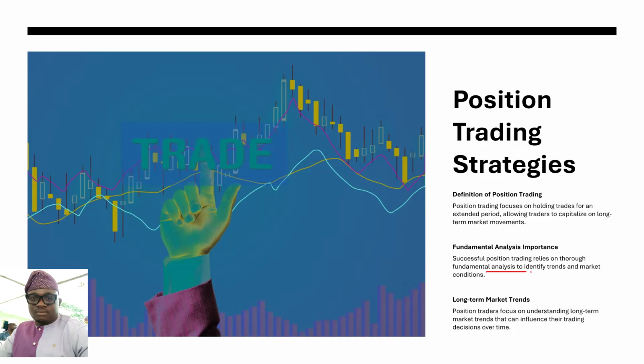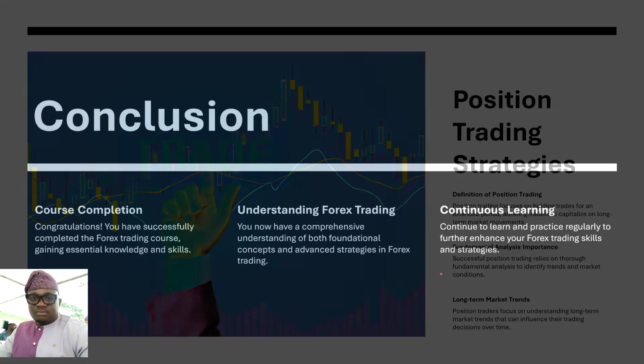So it's thorough fundamental analysis to identify trends and market conditions. So these are the things that make fundamental analysis very, very important to position traders. So, long-term market trends. Position traders focus on understanding long-term market trends that can influence their trading decisions over time. So you have to pay attention to that if you want to be one.